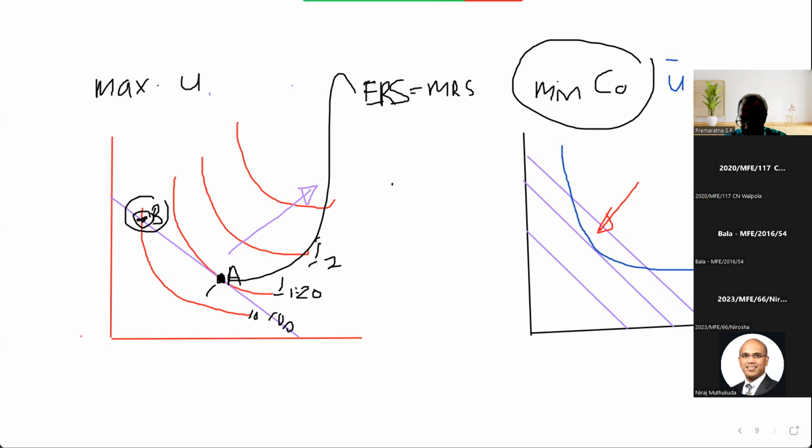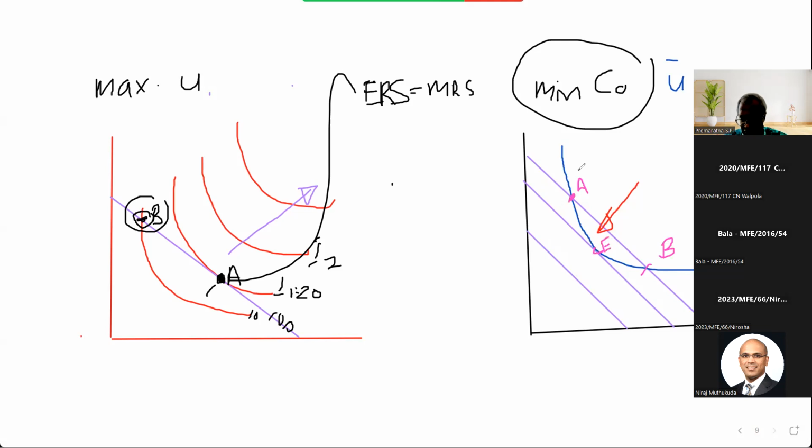Let's say 30 units of satisfaction they try to get. Now, when you minimize the expenditure, this particular consumer can consume at point A or B, or even this point E.